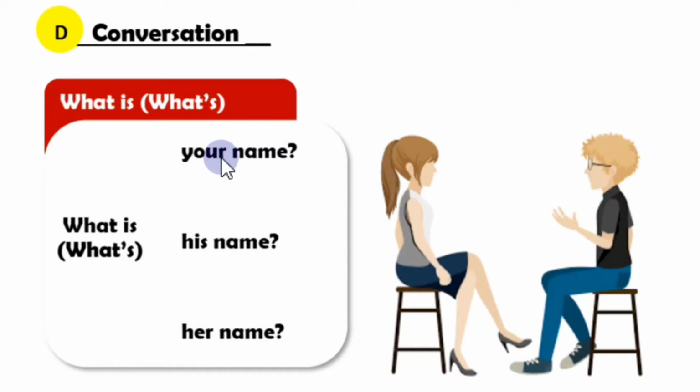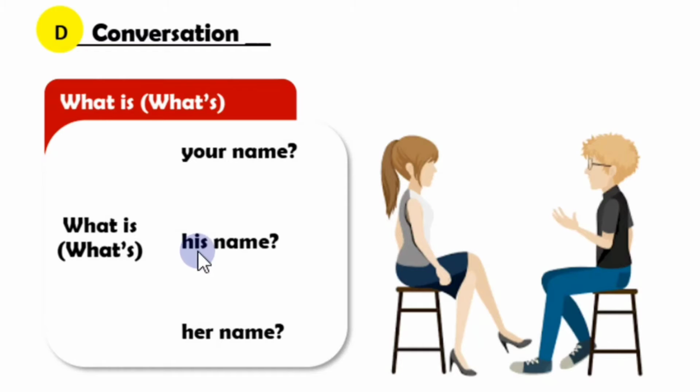If you want to be formal, you can say what is your name. And if you contract it, you can say what's your name. The contraction is the spoken form. So what's your name? What's his name? What is his name, or what's his name?